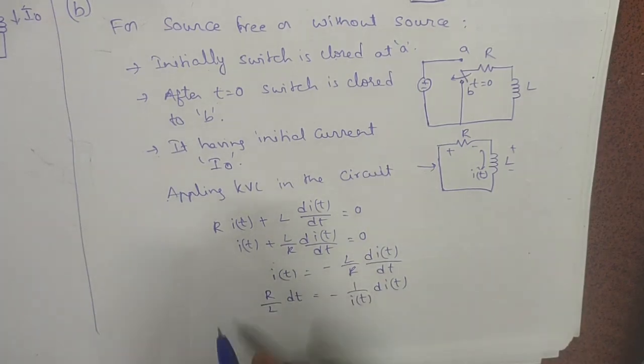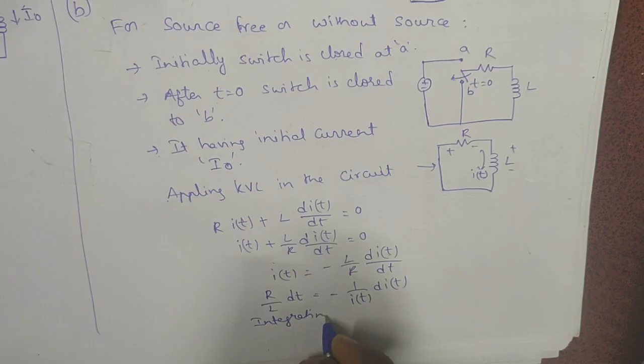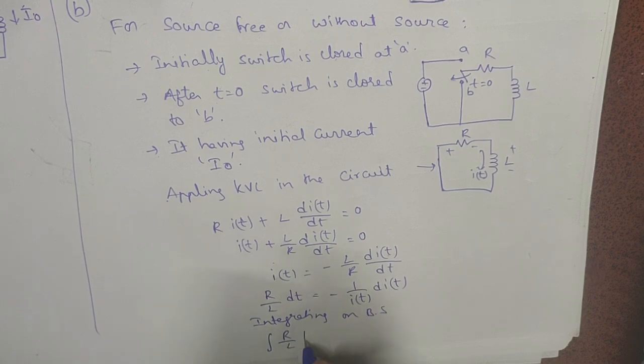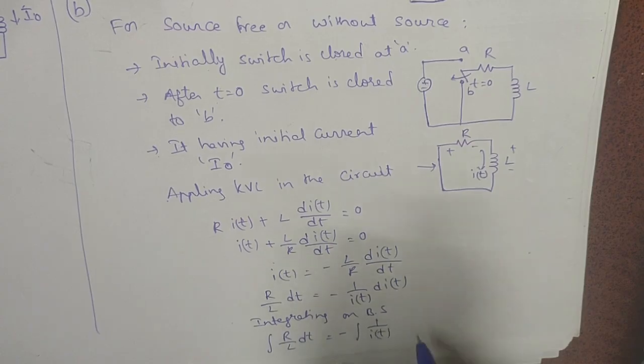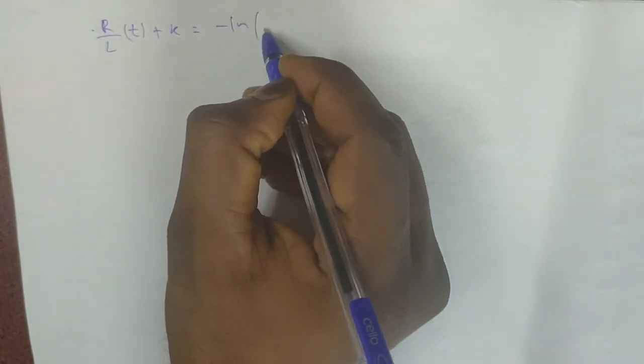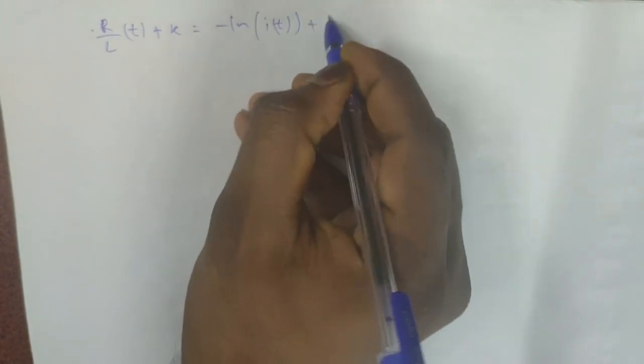So now integrating on both sides, it will look like integration of R by L dt is equal to minus integration of 1 by i of t di of t. After integration, R by L of t plus k is equal to minus ln of i of t plus k.